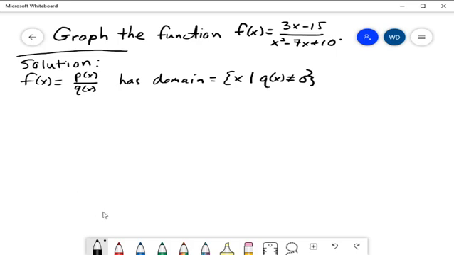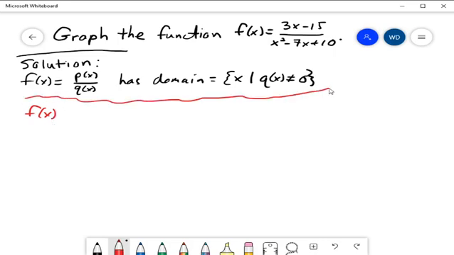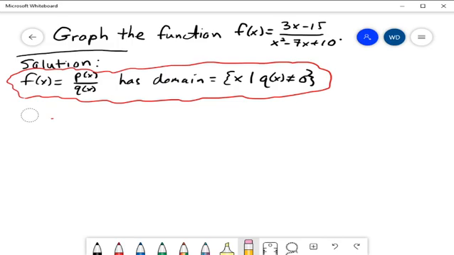So to figure that out here, I'm going to first notice that in this case we can actually factor the top and bottom, and there are factors in common. If I factor the numerator, I pull out a 3.